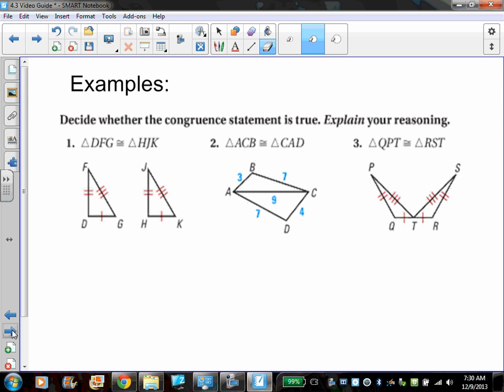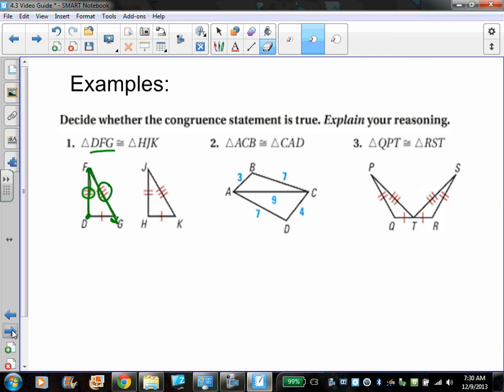So, determining the congruency statement and seeing if it's true, here's what we need to do for this. They're telling us that DFG is congruent to HJK. So if we look at DFG, starting at D, going to F, has us going through the one labeled with 2 lines, and then going through the one labeled with 3 lines.